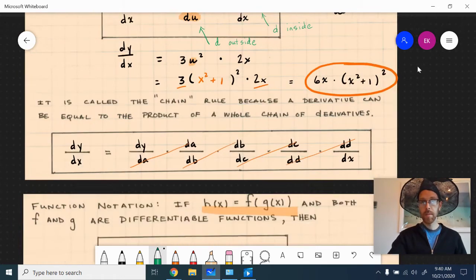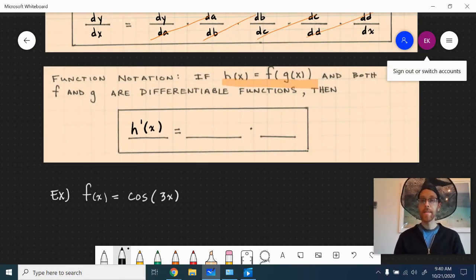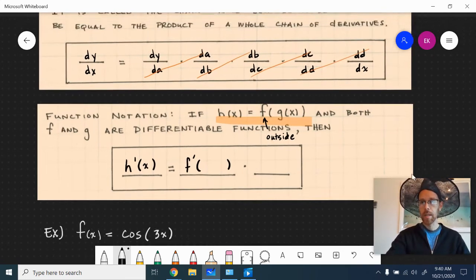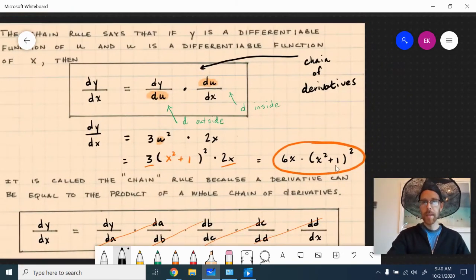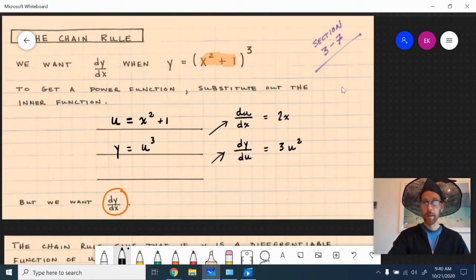Which means that we could write this expression as, let's see, outside function is f prime of something. And then what do we write for that something? Well, let's go back and look. Seems to me that up here, the thing that ended up inside was the same inside that we had originally right here.